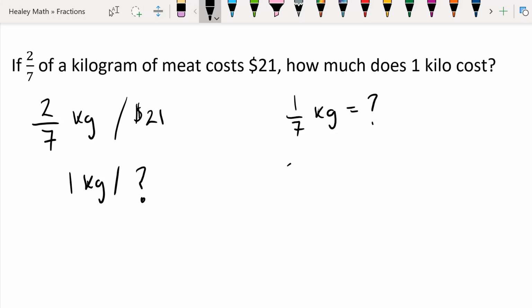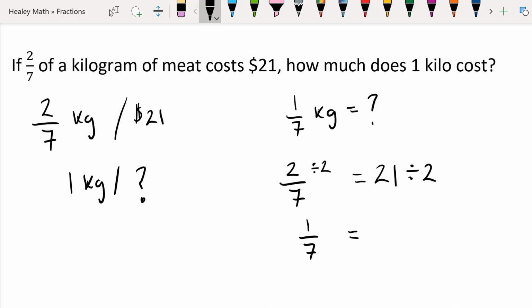Well, 2/7, if we divide by 2, and we divide by 2, that'll give us 1/7.